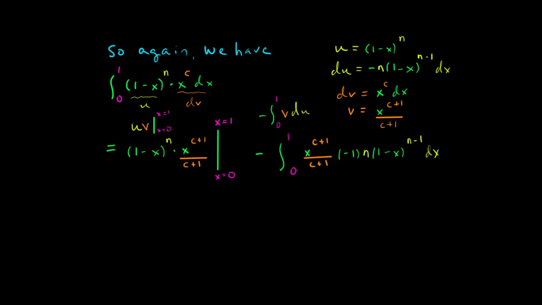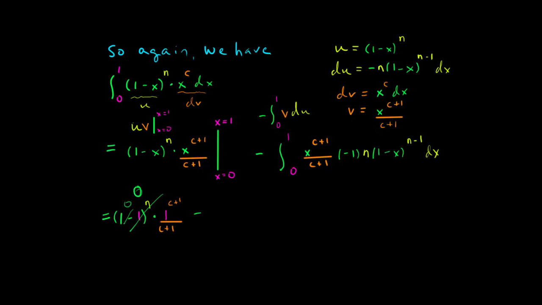So let's do this integration by parts. So plugging in our values at the endpoints there, we'll have 1 minus 1 to the n times, plugging in 1 for x again, 1 to the c plus 1 all over c plus 1. But 1 minus 1 to the n is just, of course, 0 to the n, so that entire term actually cancels out and equals 0.